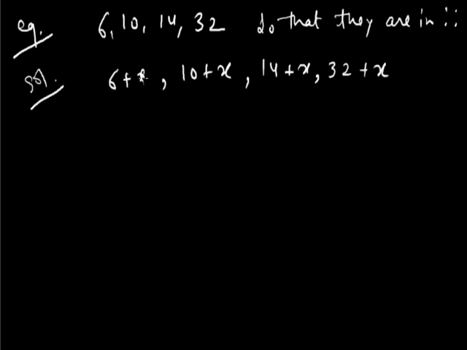Now it is said that if the number which we have to find is added to each term, then the result which we get, the four terms, are in proportion. That means the ratio of the first two terms, which is 6 plus x ratio 10 plus x, is proportional to the ratio of the last two terms, which is 14 plus x ratio 32 plus x.